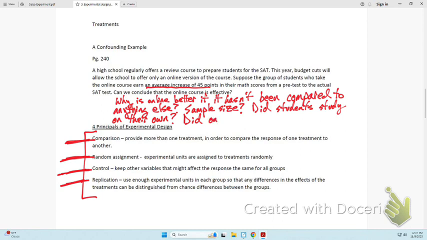Did only ambitious students sign up? In other words, not random.